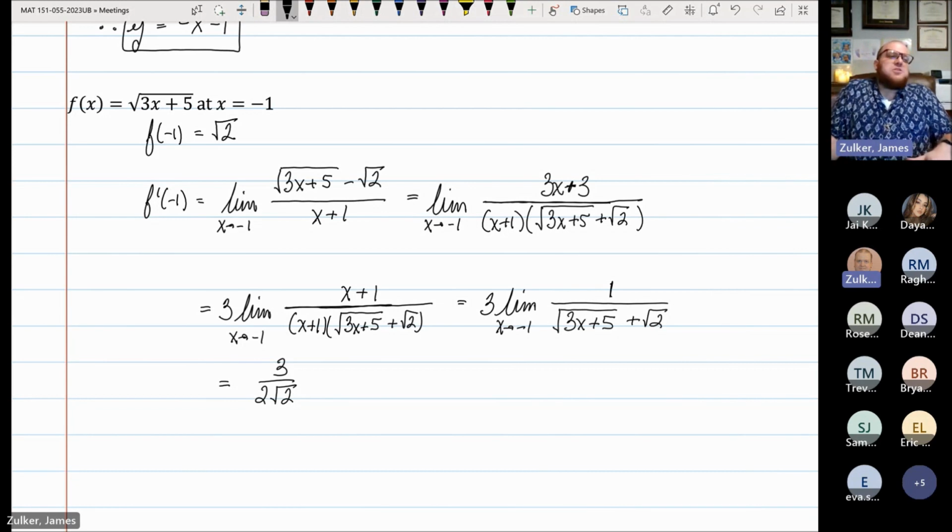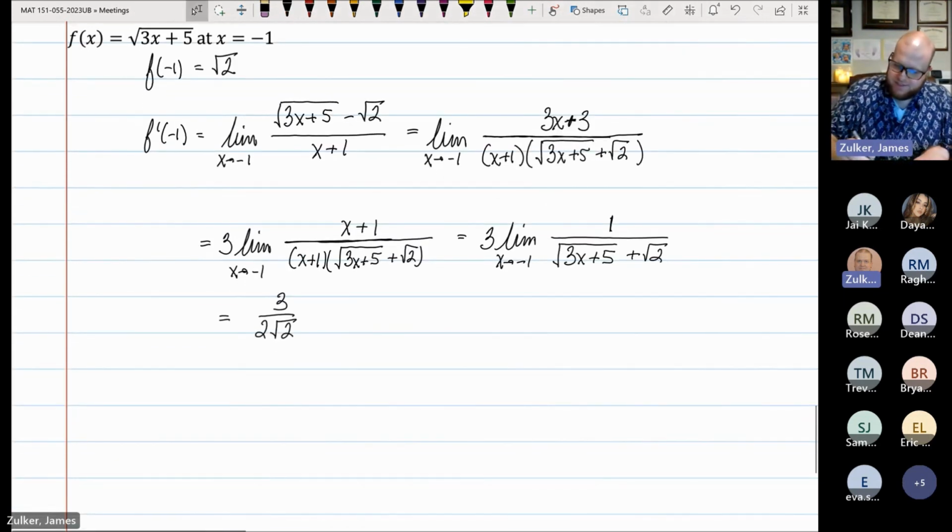If this were an algebra class, you'd have to rationalize that, right? Get rid of the square roots in the denominator. Yeah, we don't have to do that anymore. I don't think I want to either. I'm going to leave it like that.